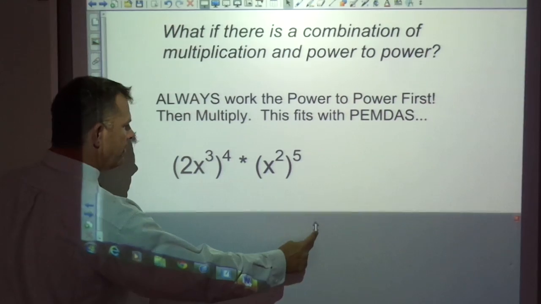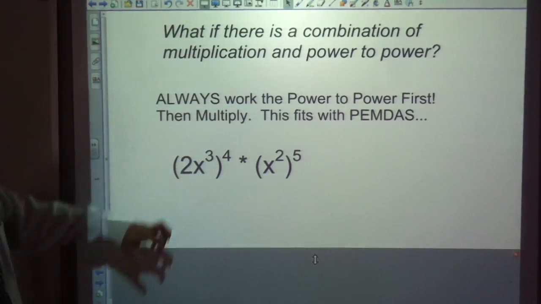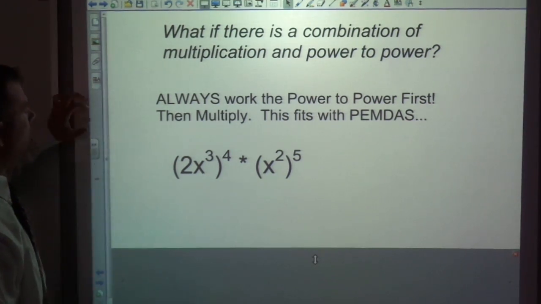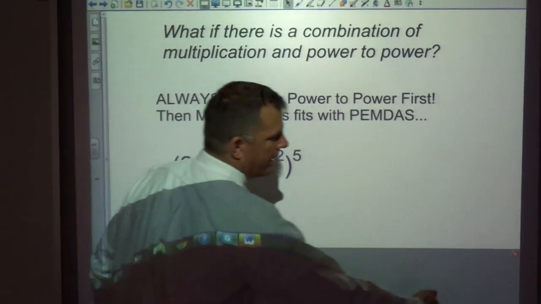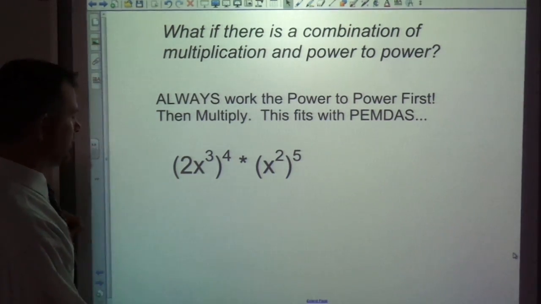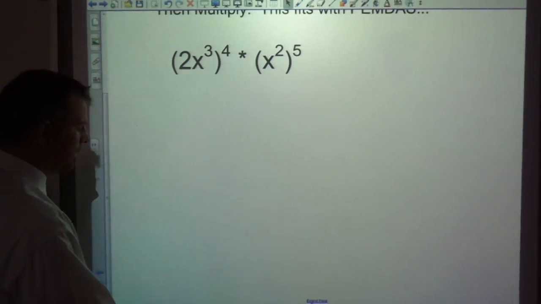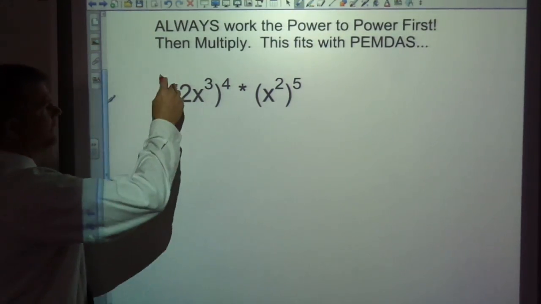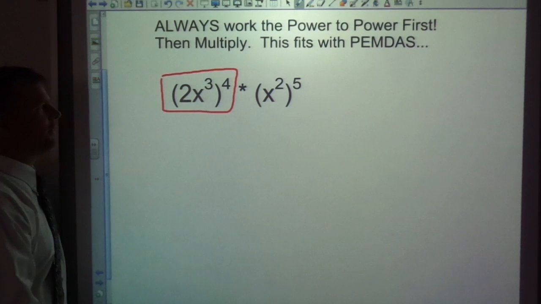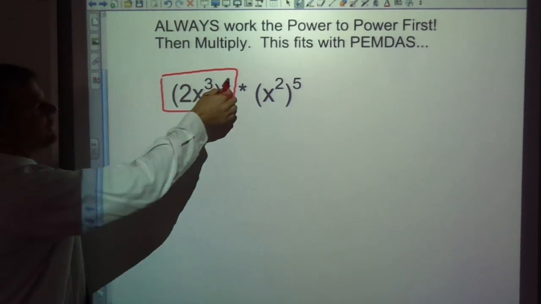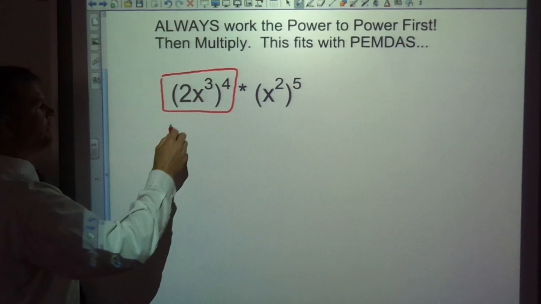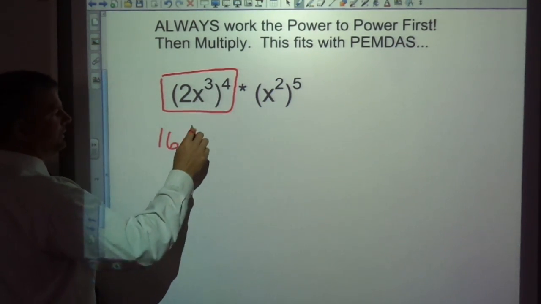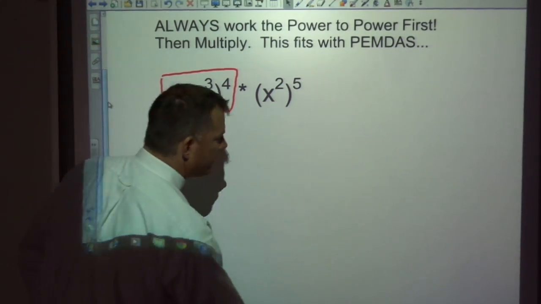So if we see a problem like this, and we say, ooh, there's exponents, and there's also multiplication, always do the power to power part first. Very important. So for this kind of a problem, I'm going to start here and do this power to power. From the last rule, I know the coefficient I raise to the 4th power. 2 to the 4th is 16. And the exponents here I multiply, so this is 16x to the 12th.